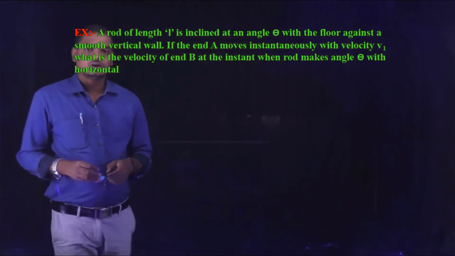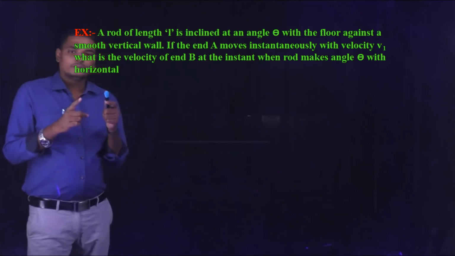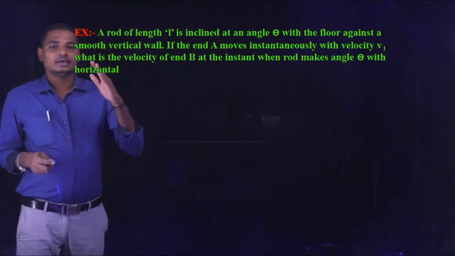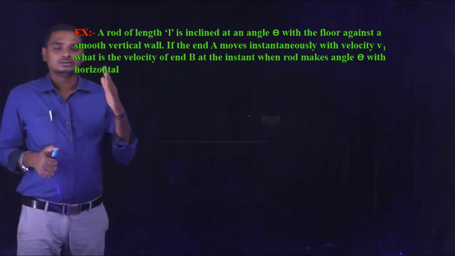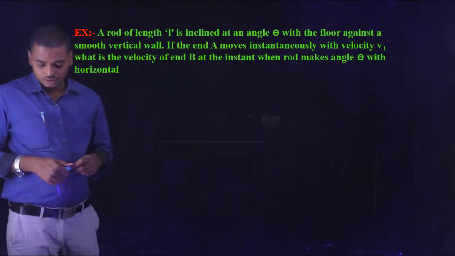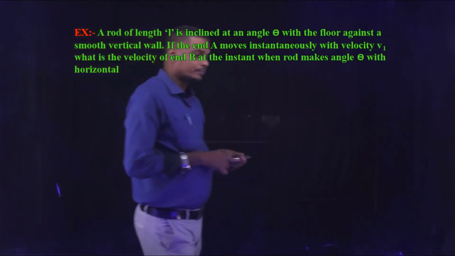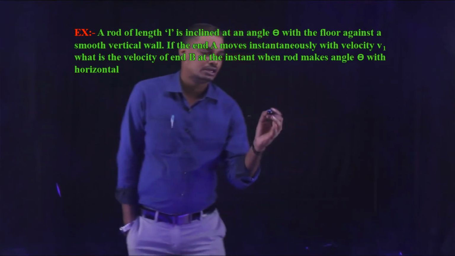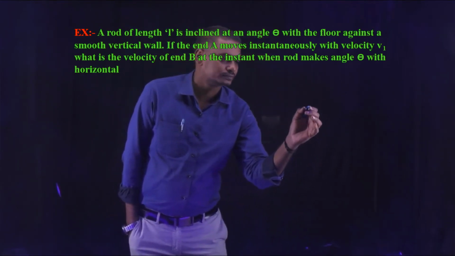Right. So here a rod of length L is given, which slides against the wall. Let us draw a diagram of this given question, so the diagram will be like this.